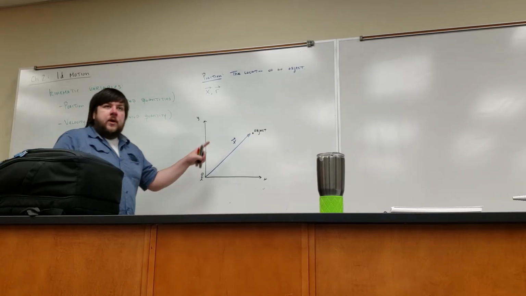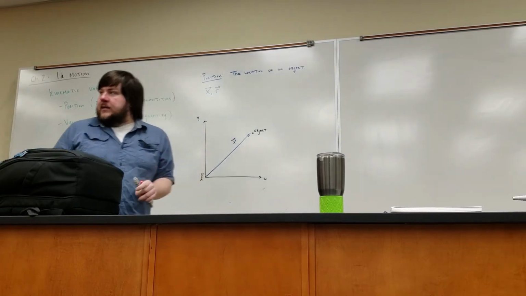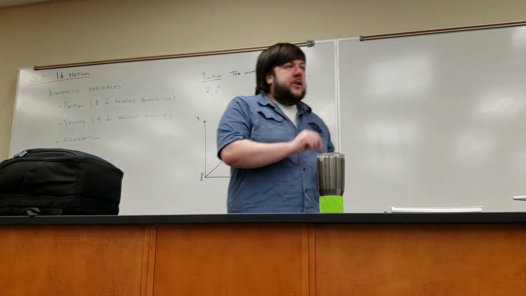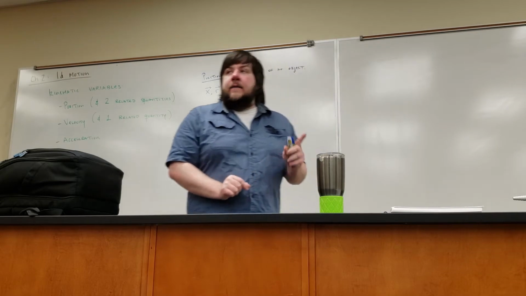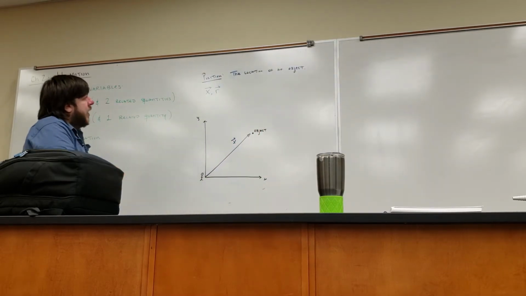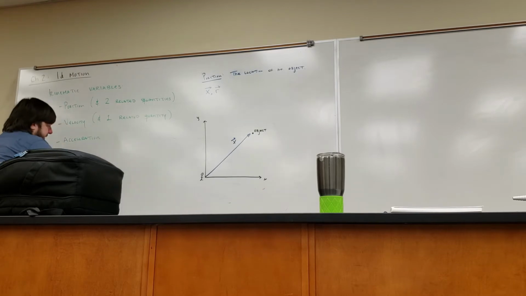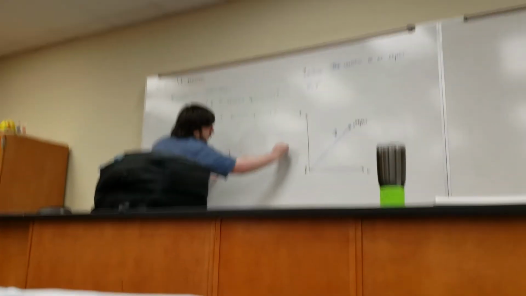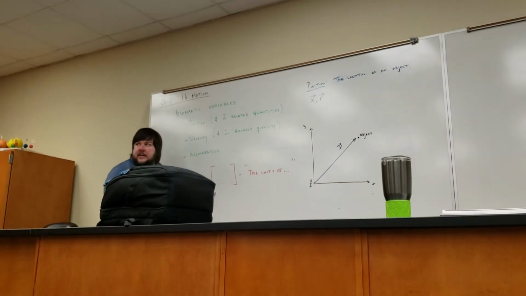Another thing to note about position are the units. In this class, we will be using the SI units, the International System of Units. And for position, the SI unit is meters. A notation that I'm going to use a lot in this class are these square brackets. If I put these brackets around anything, this always means the units of whatever I put inside of the brackets.